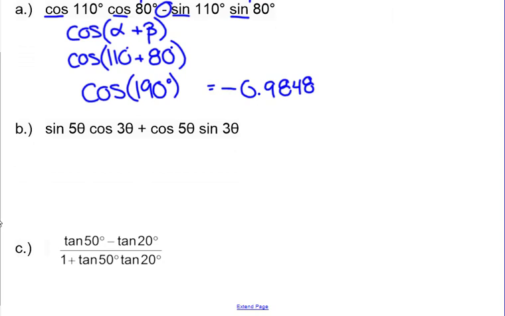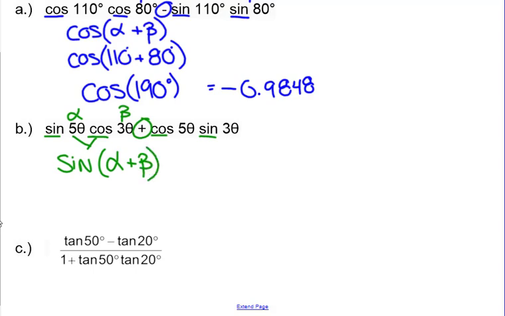Okay, so our next one, we've got an alpha, we've got a beta. In this case, we've got our sines and our cosines together, so it's a cosine and a sine, and we've got addition. Well, sines and cosines, if those are the ones that are kind of together like this, that is a sine identity. And if we've got addition in the middle, that is also a sum identity. So we've got our sine of alpha plus beta.